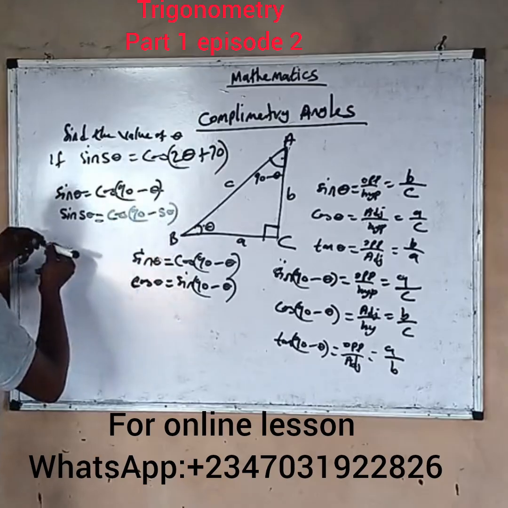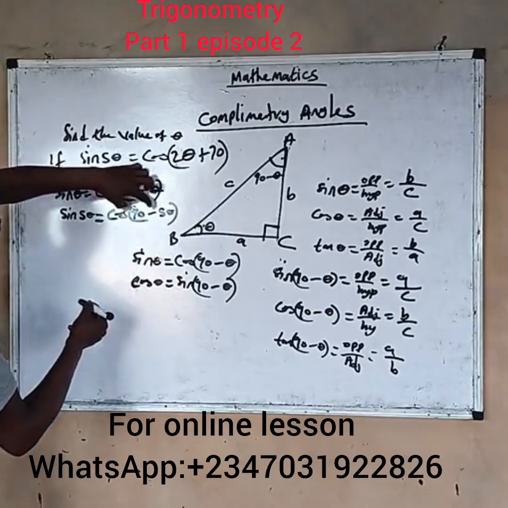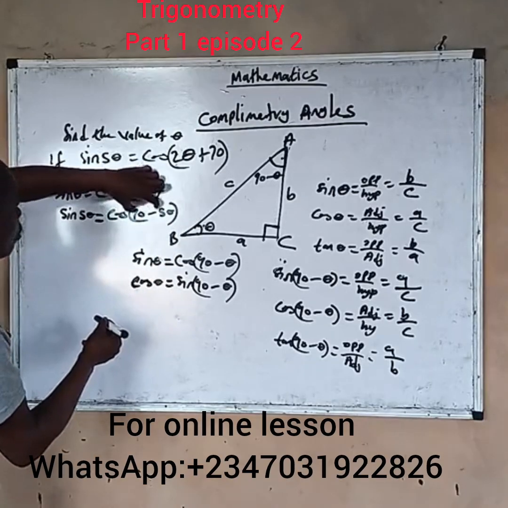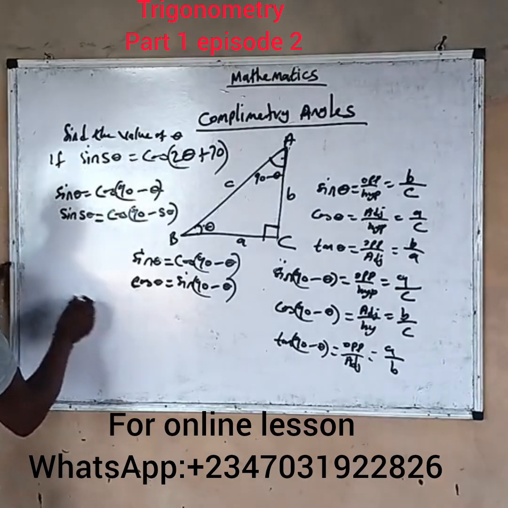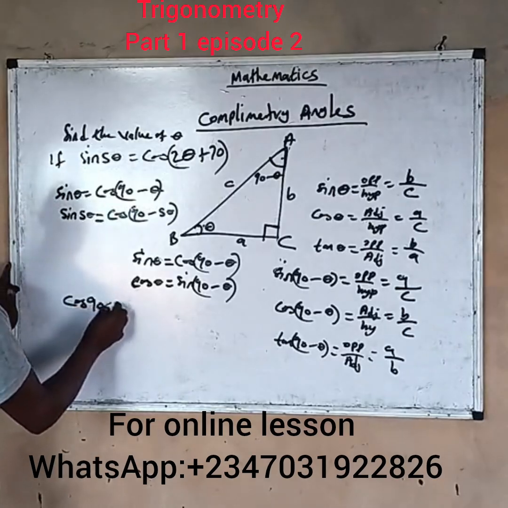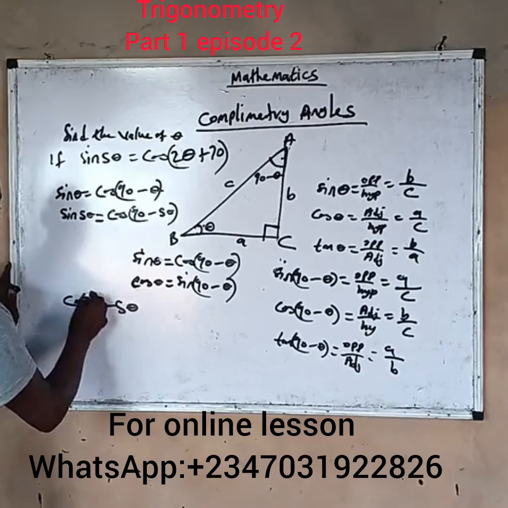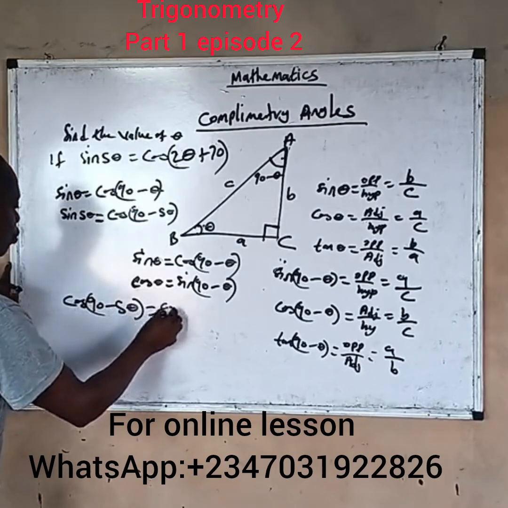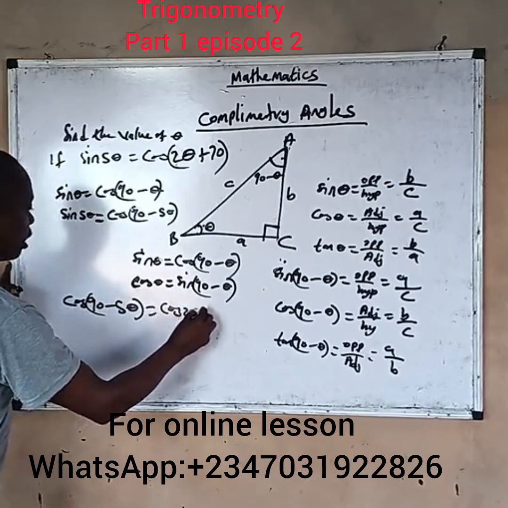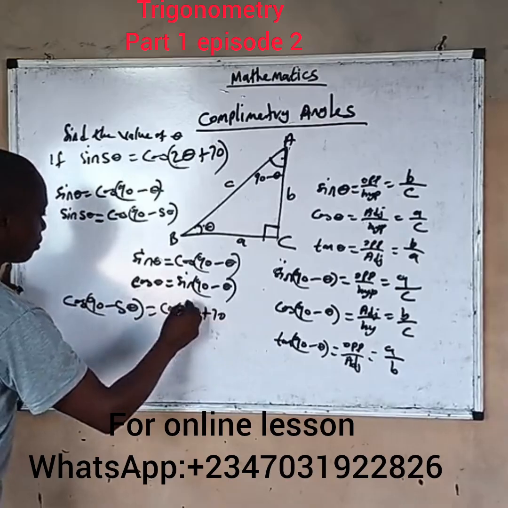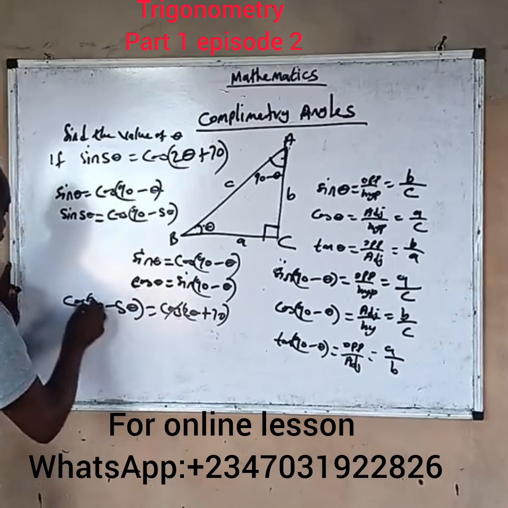In place of sine 5 theta, I will now put cos 90 minus 5 theta. So what I will now have is cos 90 minus 5 theta is equal to cos 2 theta plus 70 degrees. Now cos is the same on both sides, so cos will cancel out.